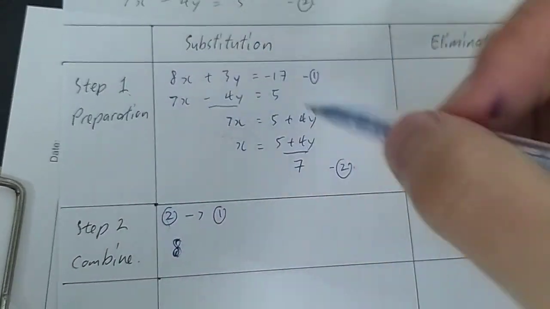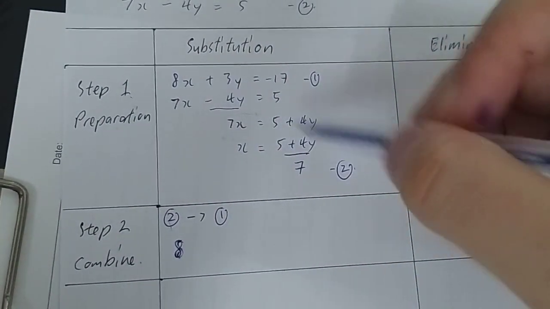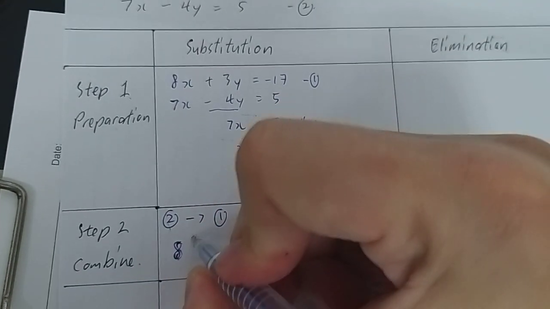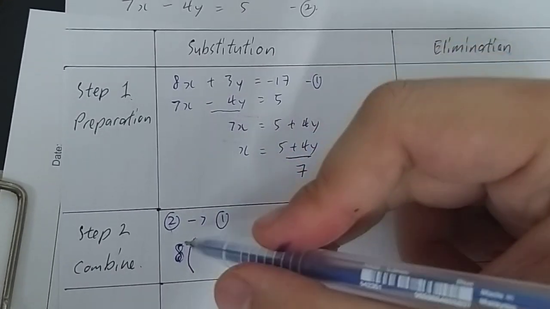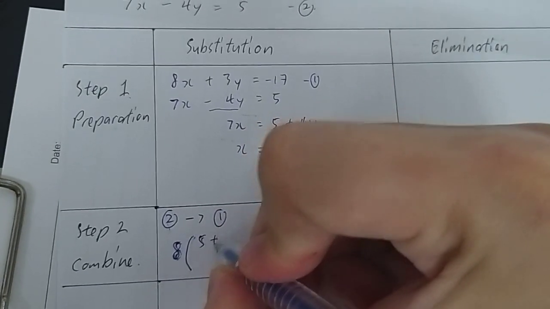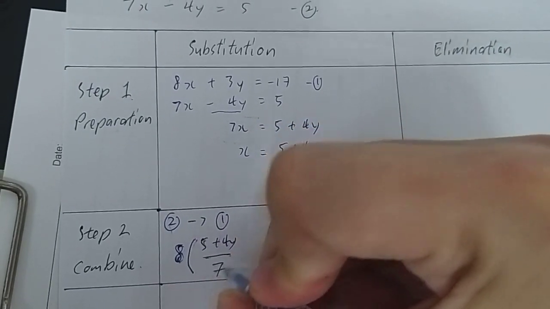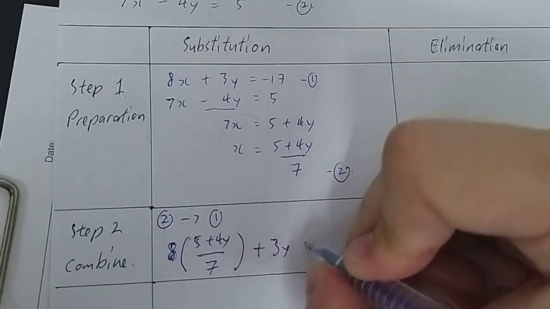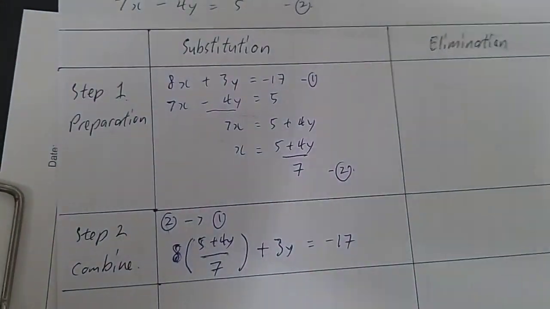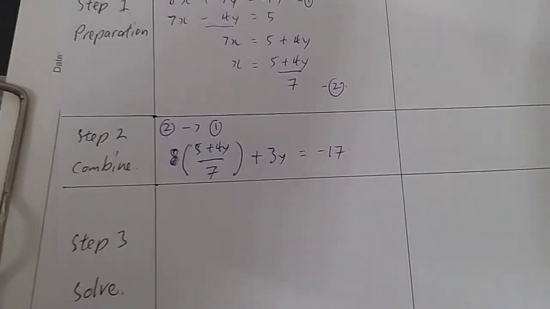Since we are going to substitute x with this whole thing, we put a big bracket and put this whole block inside here. So 8 times (5 plus 4y over 7) plus 3y equals negative 17. This is the combination part.